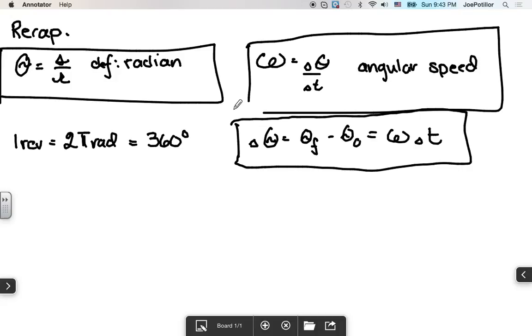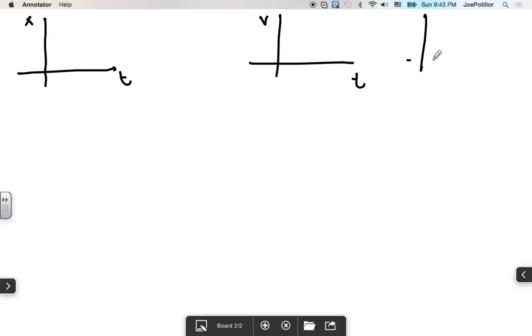So, talking about graphing. Just like in linear motion, we have, of course, their famous position time graphs, and then we have our velocity time graphs, and then we have, of course, our acceleration time graphs.